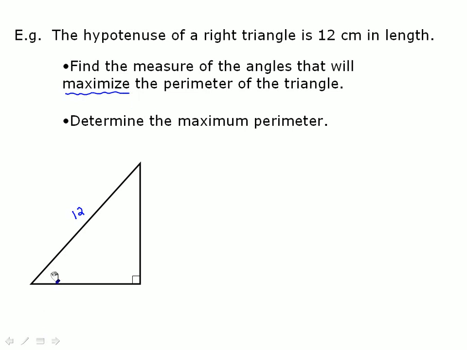Now I would recommend that you select one angle and call it theta, and then x and y is conventional for the horizontal and vertical sides. I chose the theta at the bottom. Of course, it doesn't really matter which one you do, because if this is a right triangle, if you get one angle, you're certainly going to get the other angle as well. And then we note that what we are trying to maximize is the perimeter of this thing.